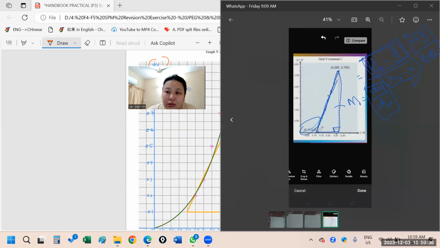So once you draw the gradient, please write this is your x2, y2, and let's say somewhere here is about your x1, y1. And you use y2 minus y1 divided by x2 minus x1.